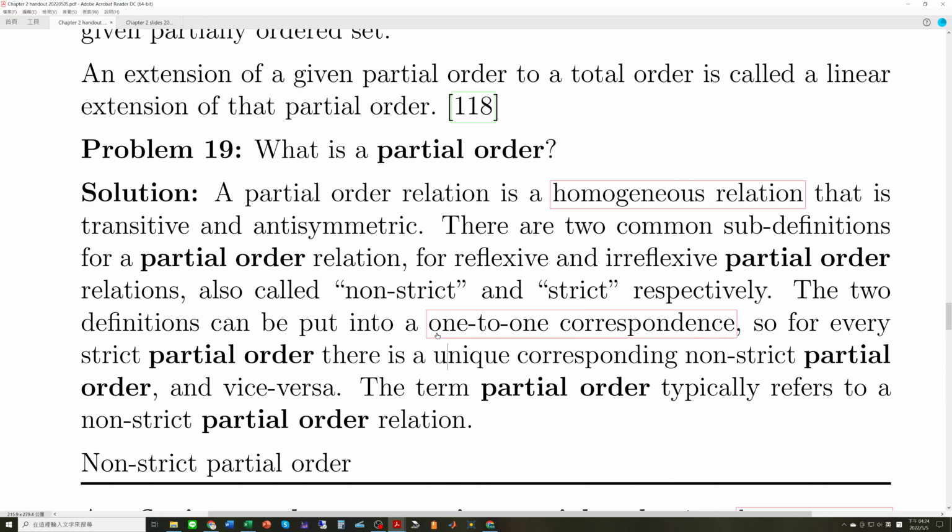We will introduce what is a one-to-one correspondence later. So for every strict partial order, there is a unique corresponding non-strict partial order and vice versa. The term partial order typically refers to a non-strict partial order relation.